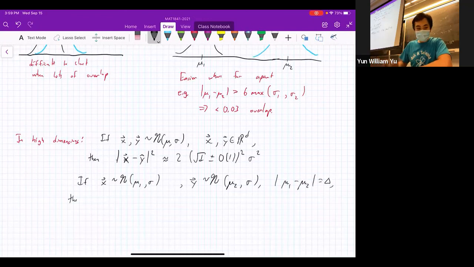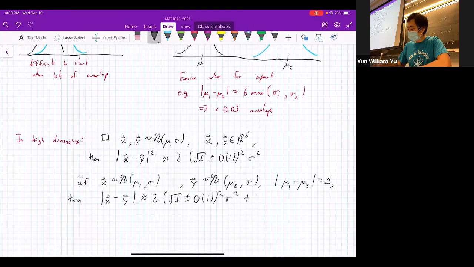Well, then we know that the distance between the 2 points is approximately equal to the square root of 2 sigma squared plus delta squared, plus or minus something that's O of 1. And again, this is because all directions are orthogonal. So you can basically just add together the distance between the centers as well as the distances they are from their center, so the radii.